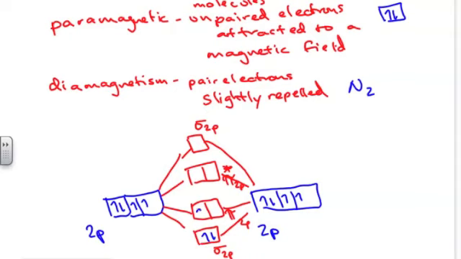1 electron, there's 2. How about I start canceling them out after I've used them. Another electron here. And another electron here. This is filled.